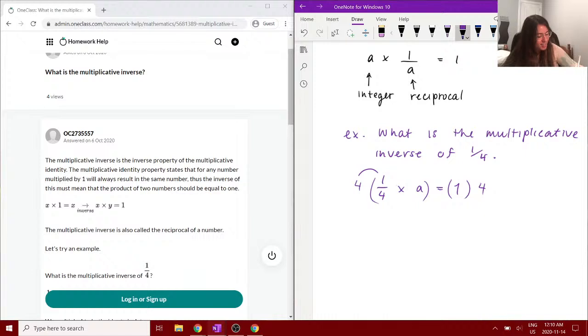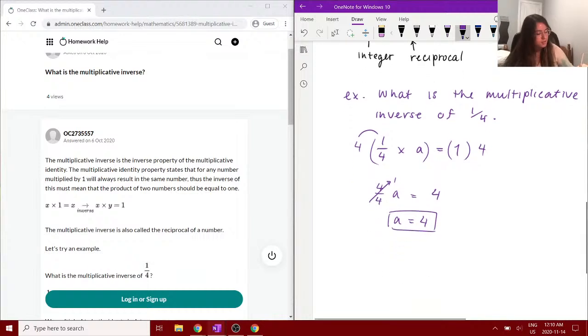Sorry about that. We just get 4 over 4, which is just 1 on this side. I'll write out the whole thing. We get 4. Like I said, 4 over 4 is 1. So we get a is equal to 4.